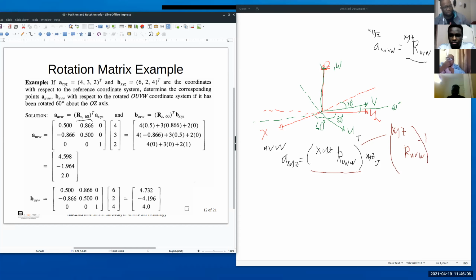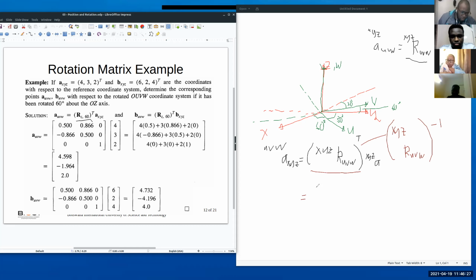Okay, so here that R, you take the inverse. They're the same. When you take the inverse of a rotation, it means that you are changing the reference frame to the other. You're flipping the reference frame.